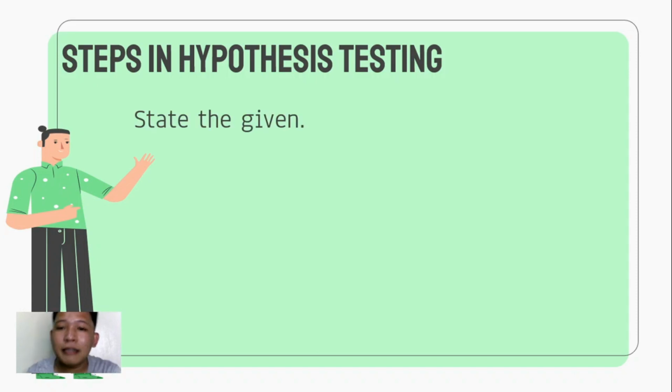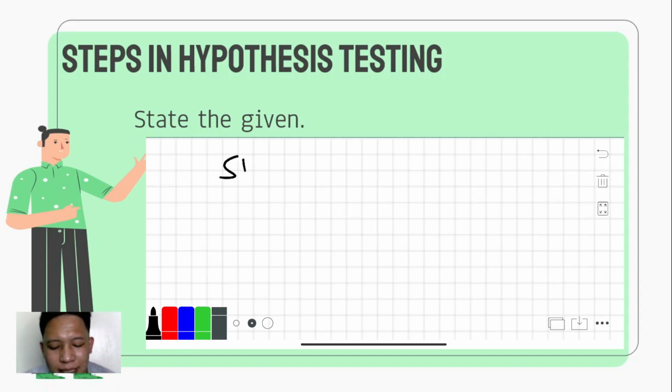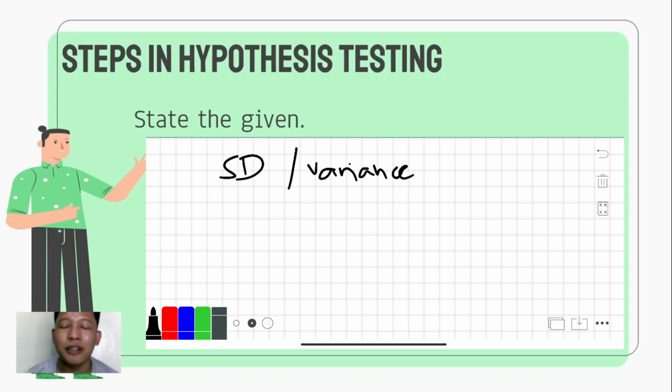Okay? So the first step for us in testing our hypothesis is number one, we have to state the given. Alright, in stating our given, ang pinaka-importante lang po na makita natin sa ating problem is the standard deviation, either the sample standard deviation or pwede din namang variance yung nakalagay sa ating problem kasi makukuha naman yung standard deviation gamit yung variance.